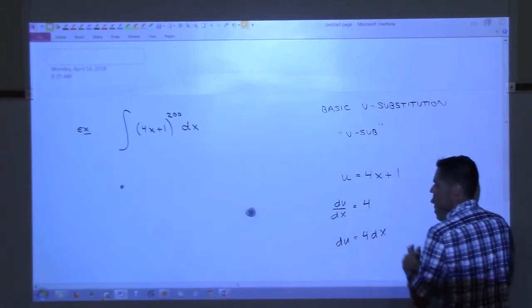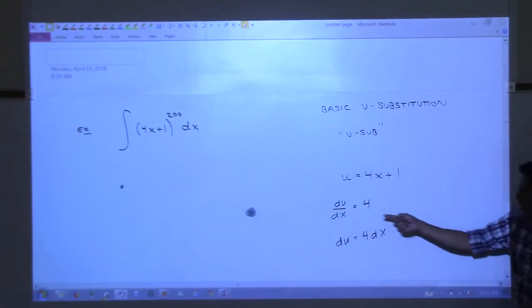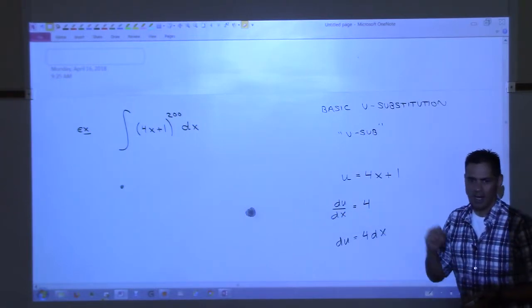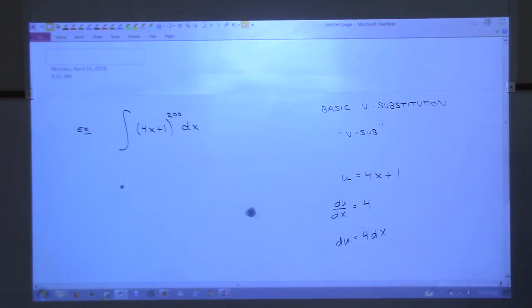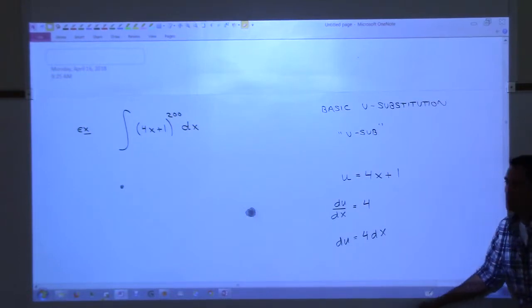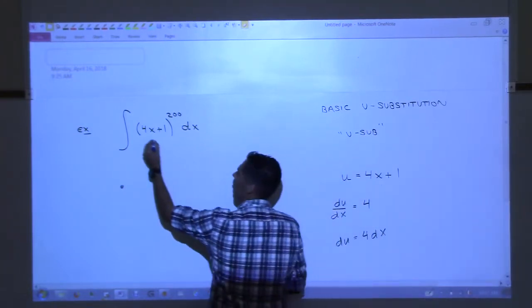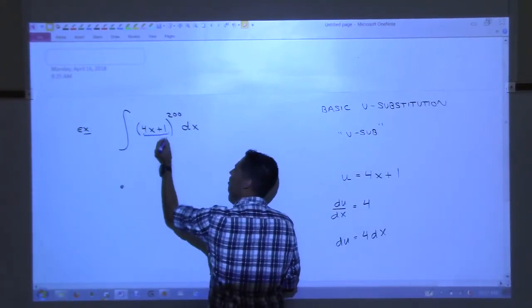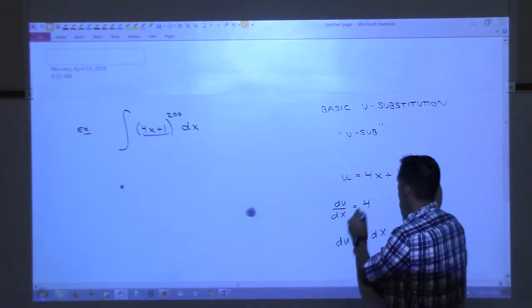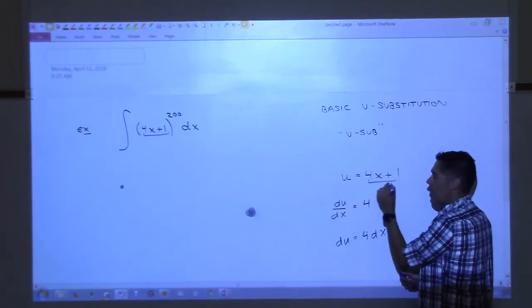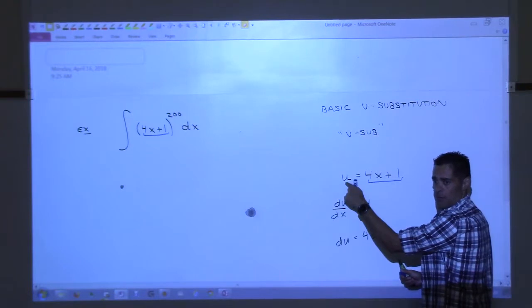Do you agree with that step? Take this, multiply both sides by dx. Okay? Yes? So what I'm going to do now, it's almost like you're going to play a little matching game. You see this 4x plus 1. I'm going to replace that in the problem with u, right? That is going to be replaced with u.